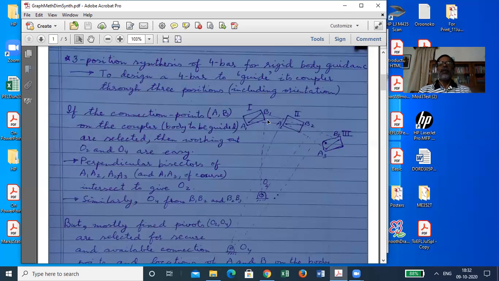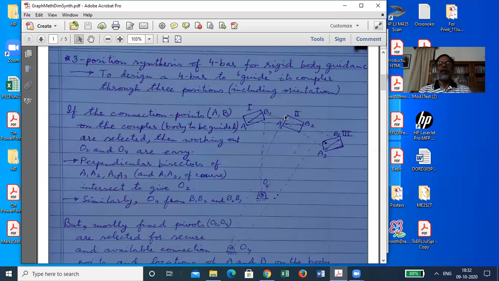You draw the perpendicular bisector of A1A2 and the perpendicular bisector of A2A3, and wherever they intersect, that gives you O2. Similarly, point B is going here, here, and here. So these three should be on a circular arc, the center of which is O4.